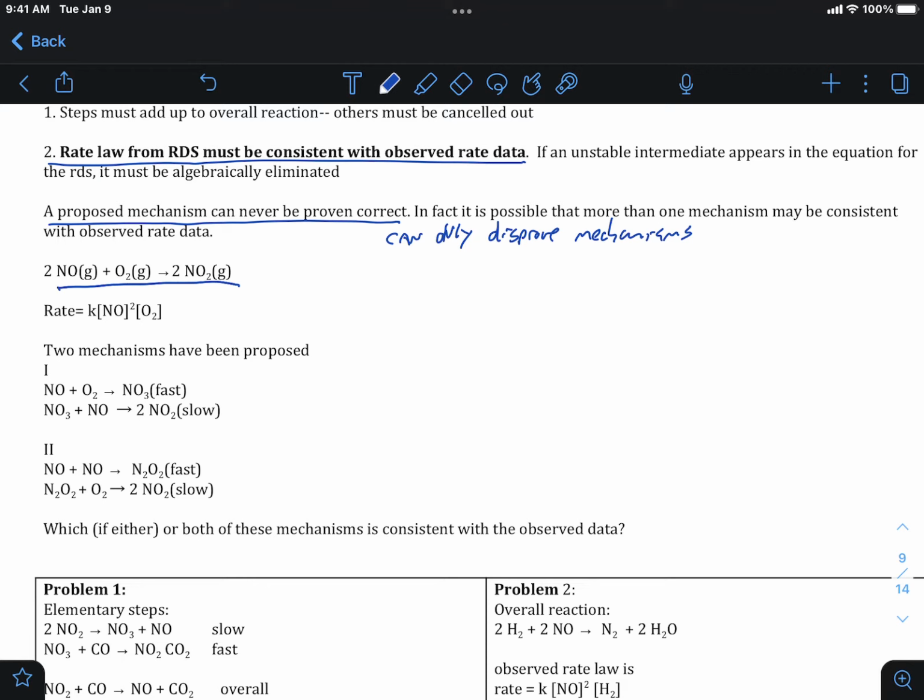So first, if we look at these, there are two steps in this mechanism. Do they algebraically equal the overall reaction? So here's the overall reaction. Each of these two steps are elementary steps.